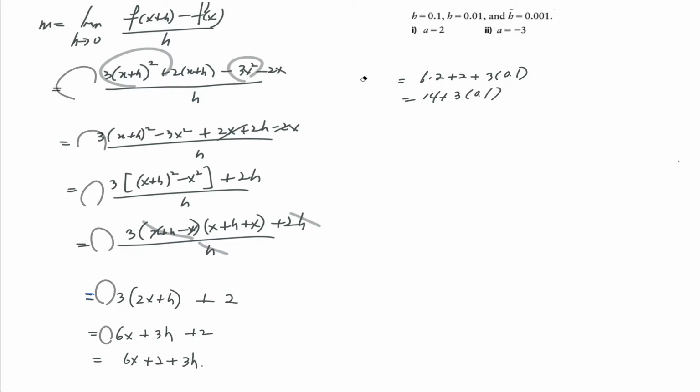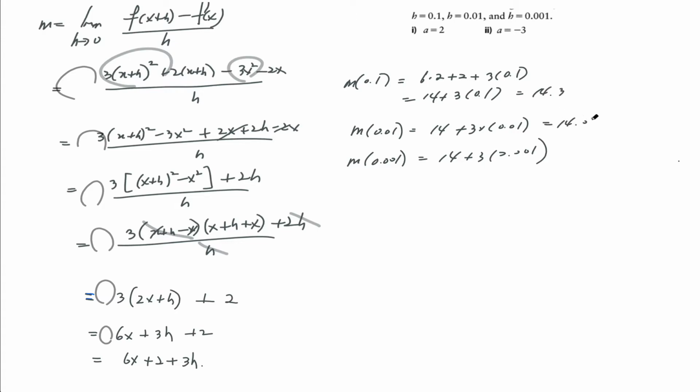As a function of h, 0.1, 0.01 will give you 14 plus. So the point is, it's going to approach 14. This is 14.3, this is 14.03, and this is 14.003. So that's the work for when a equals 2.